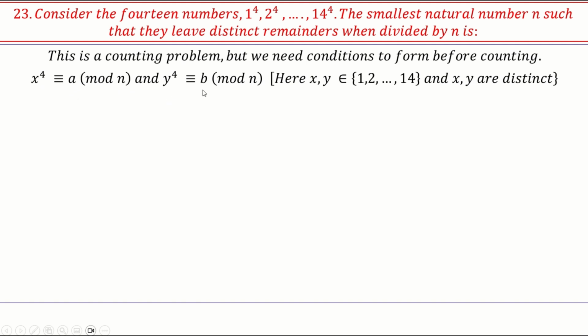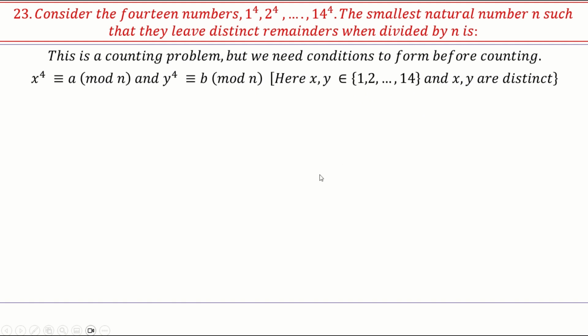Similarly, y power 4 congruent to b modulo n. It leaves another remainder b different from a. So x, y belong to 1 to 14, x and y are distinct, and of course a and b are also distinct.